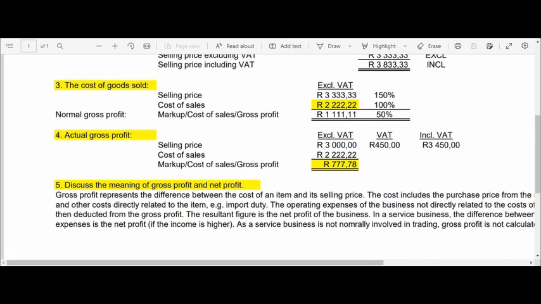So we just transfer it over to our fourth calculation, and that gross profit will simply be the difference between the actual selling price of 3,000 rands and the cost of sales of 2,222 rands and 22 cents, which therefore gives us 777 rands and 78 cents.